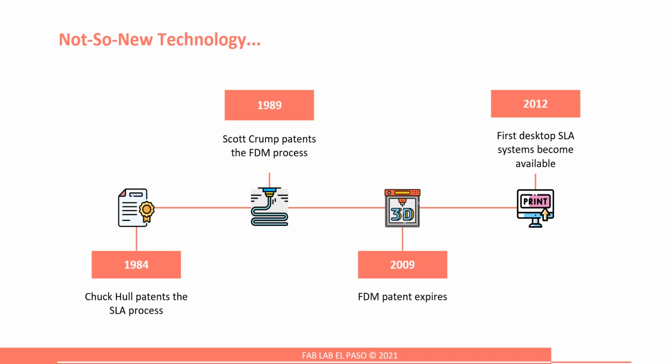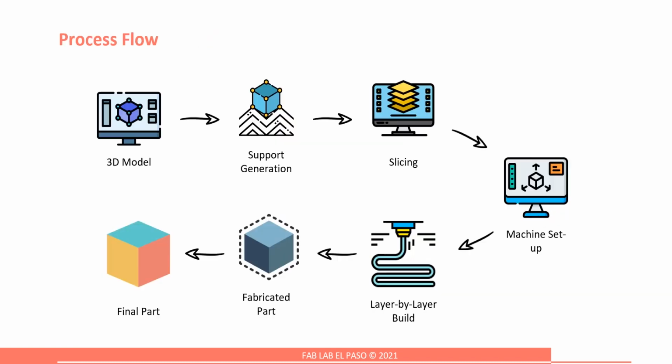But then in 2009, the FDM technology patent expired, resulting in many small, independent companies creating and distributing their own FDM printers. This allowed for much more accessibility to the world of rapid prototyping. In 2012, desktop SLA systems became available to purchase. Today, small FDM and SLA printers for hobbyist and professional use can be purchased at pretty low costs.